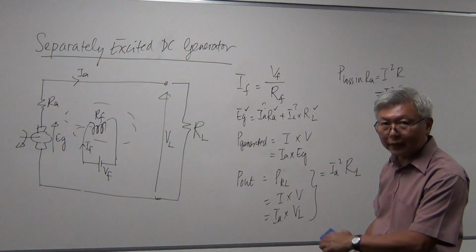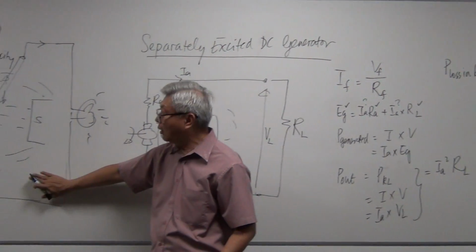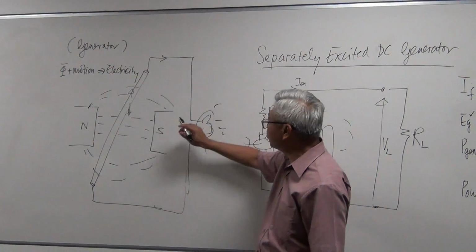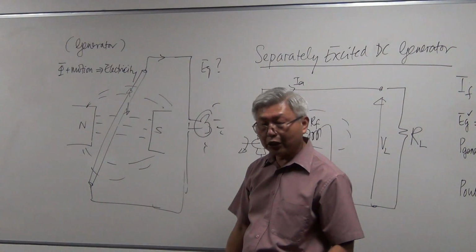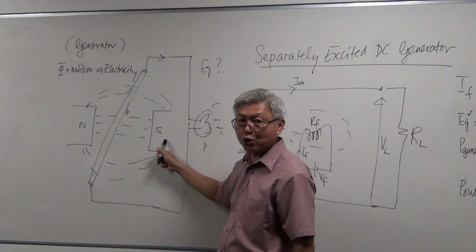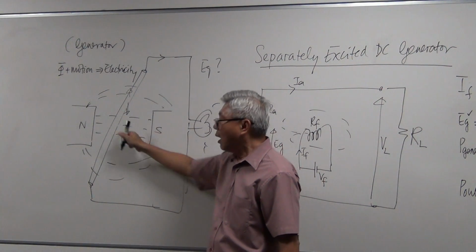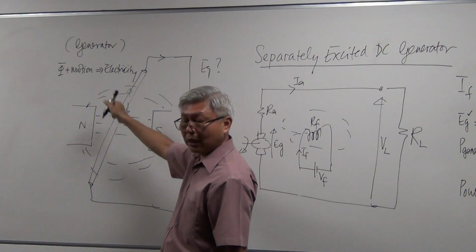Now, before I end this topic, can I give a quick question to you over this generator action? How do I improve the voltage generated? Do you think it will be improved if I make my magnet a stronger magnet? Yes. Or I move the conductor at a faster speed. Do you think it will generate a higher voltage?